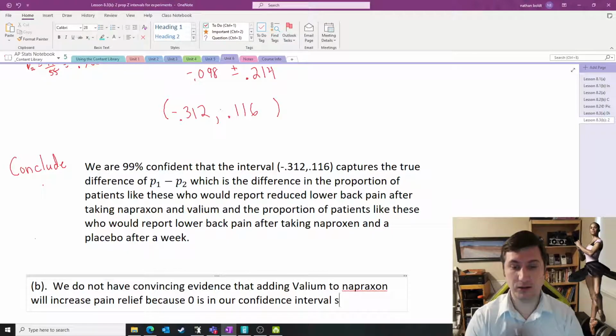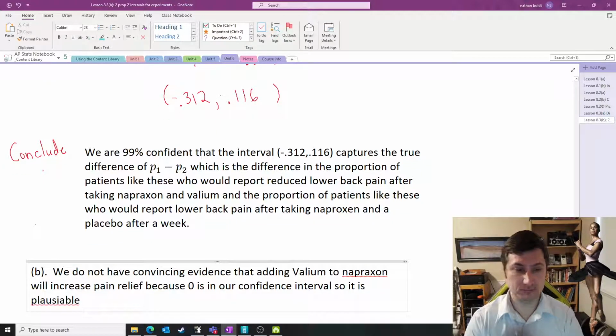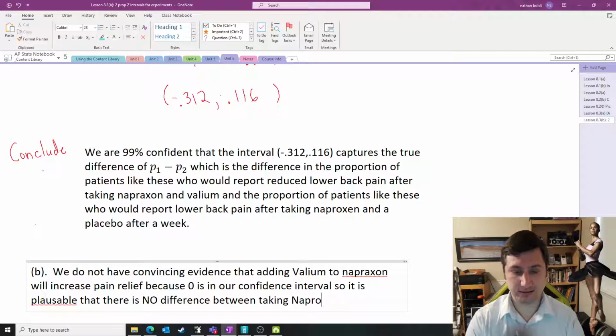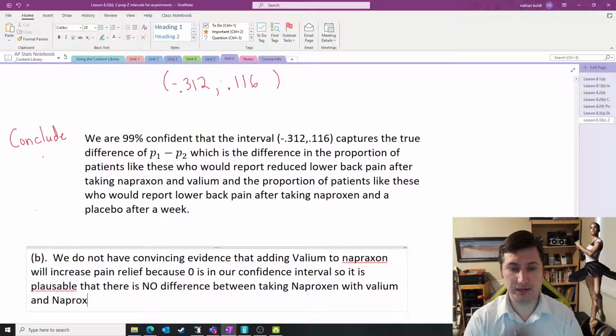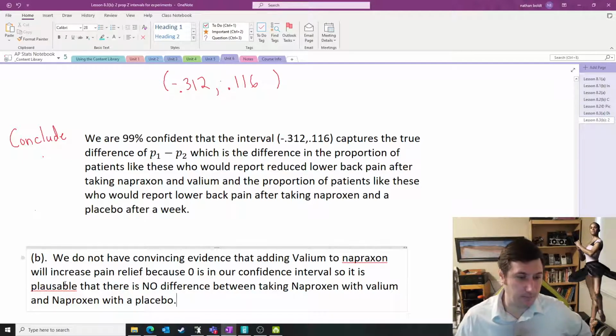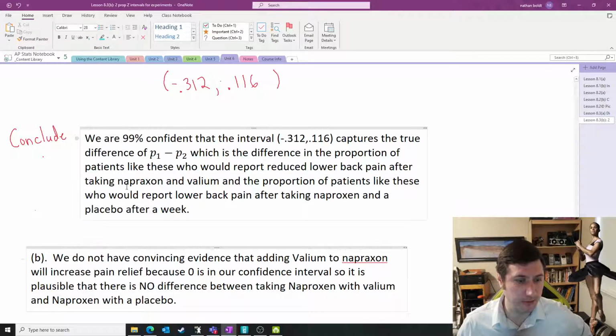All right. So it is plausible that there is no difference between taking naproxen with Valium and naproxen with a placebo. Now, if I could spell the word plausible.